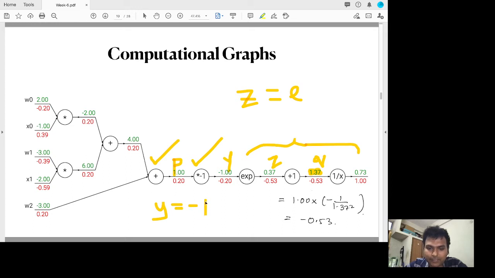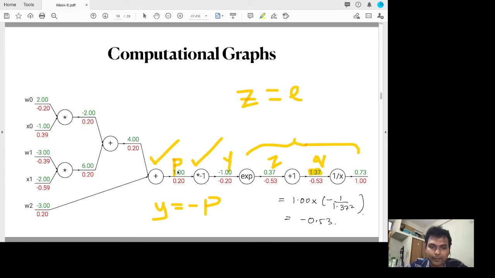What will be the derivative of y with respect to p? Minus 1. So similarly, as you had done before, you take this minus 0.20, forget minus 0.53 and all, multiply it by minus 1 and you get 0.2.